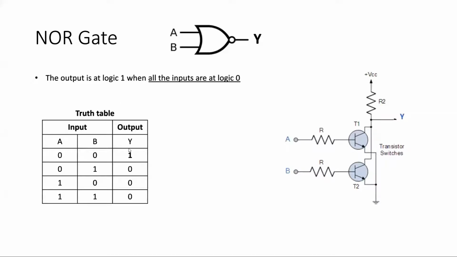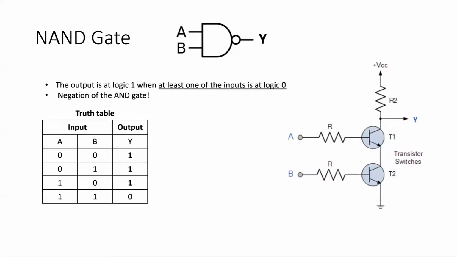So you see it is opposite to the OR gate. OR gate was 1 in all these 3 cases, but here we have the opposite. So it is 1 when all the inputs are 0. And its implementation using transistors is similar to the OR gate, just that the output comes before the transistors.